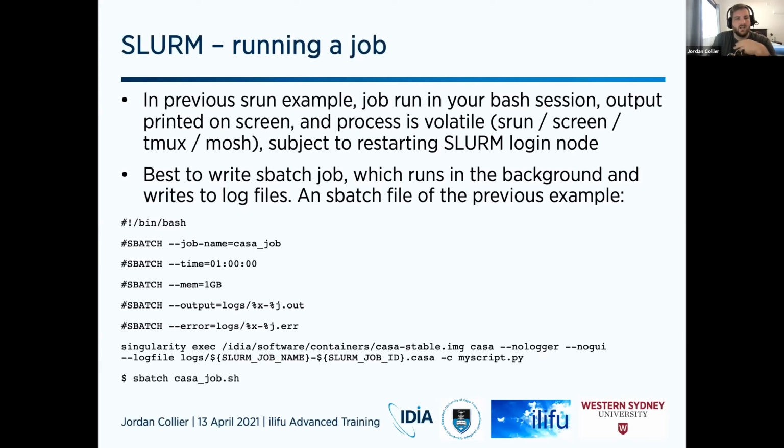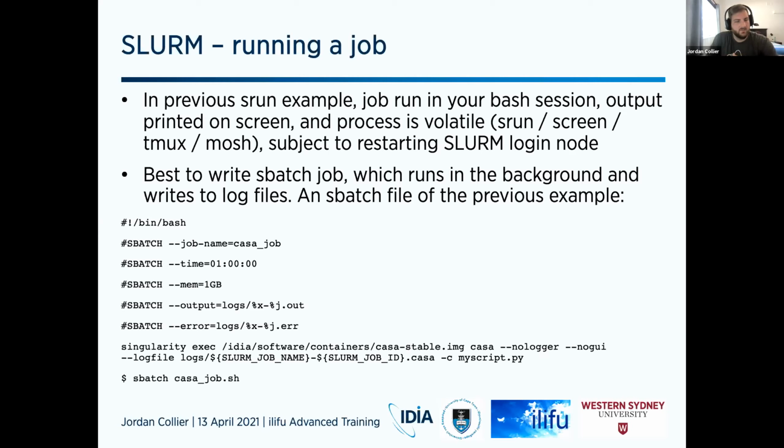And even if we use screen and tmux sessions or even mosh to allow for intermittent connectivity, we can run the job interactively in this way, but I guess this is subject to restarting the SLURM login node, which happens from time to time. So if you have some interactive process running like that, and we do have to restart the login node, then your job would be killed.